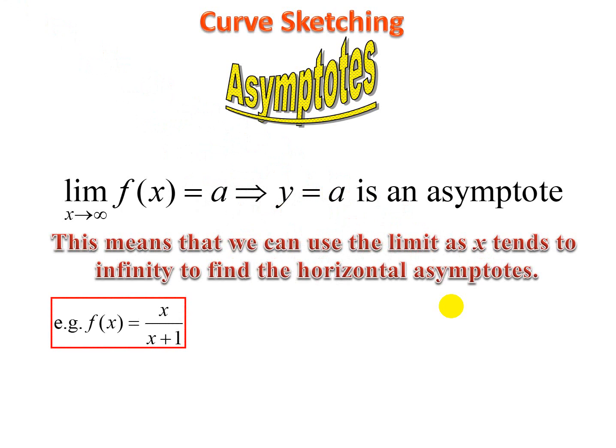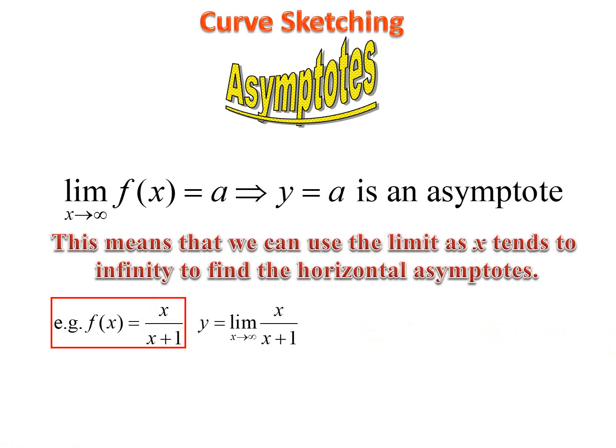For example, here, if f of x equals x over x plus 1, and I want to know the horizontal asymptotes, you'll notice we no longer have a constant over an x, we now have x's over x's. I find the limit of x over x plus 1 as x tends to infinity.